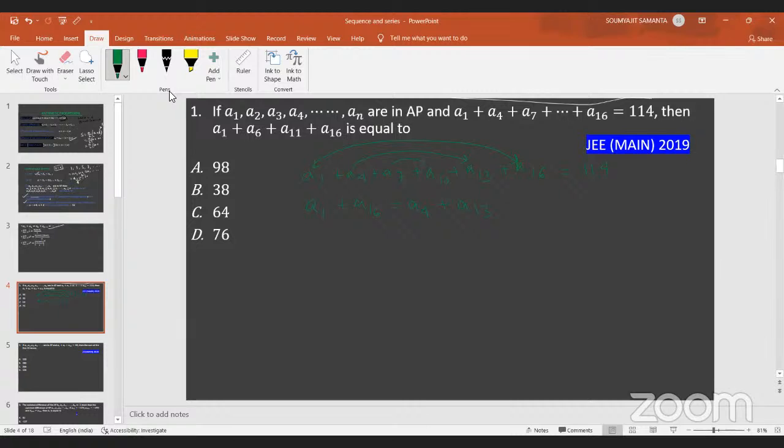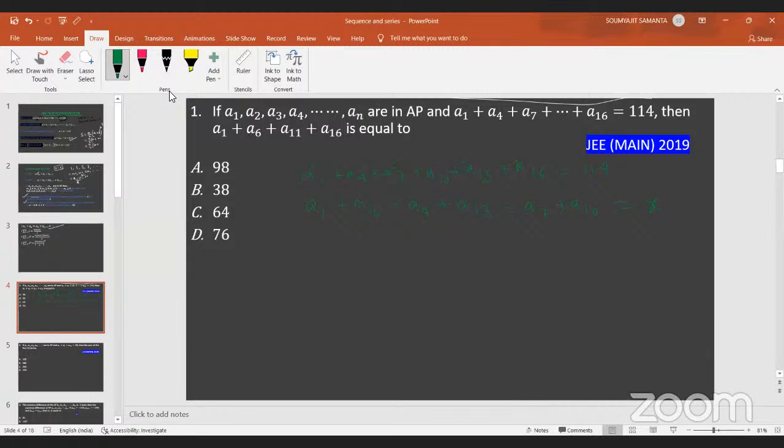Add the lower suffix of each pair, you will get 17. I told you this sum will always be equal. Yes or no? Yes, sir. Let's say I am considering this sum as x.